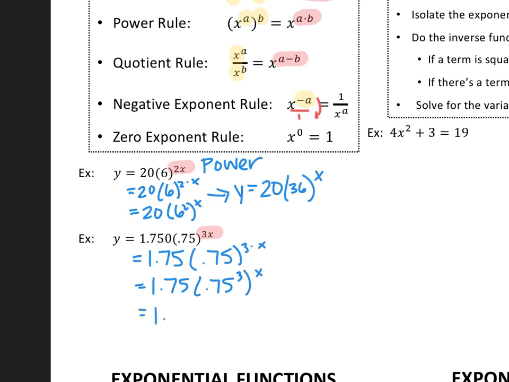And then again, if we're going to simplify that, we could do 1.75, and 0.75 raised to the 3rd power is 0.421875. And all of that would be raised to the x. So again, that's the power rule as well. So those are just 2 examples of how we could use that power rule to simplify our equations.